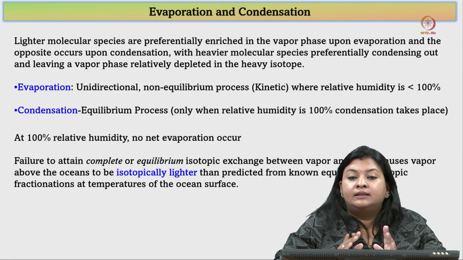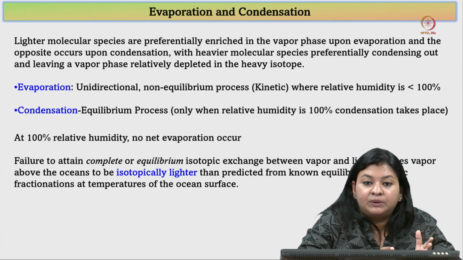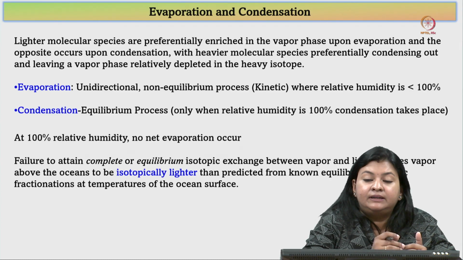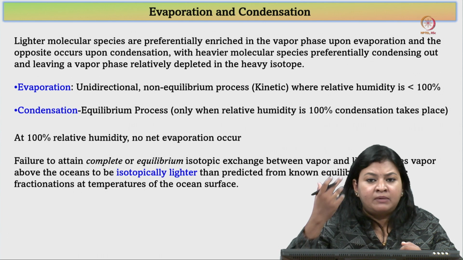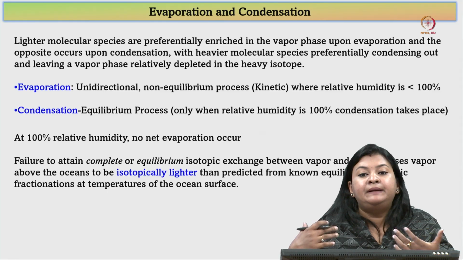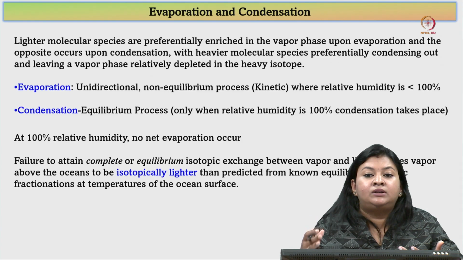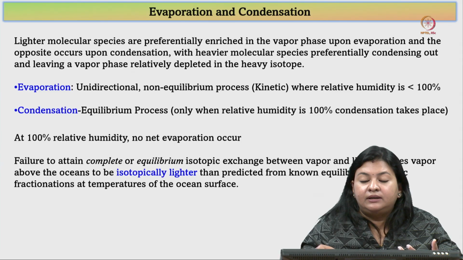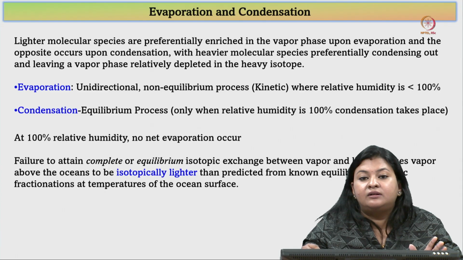It is not like the rainfall that is forming is completely in equilibrium with the vapor phase, because as soon as it is formed, it might just fall and get removed from the system. So that completeness is never going to occur in nature. It is because of this that our theoretically calculated equilibrium composition of the vapor is never found.